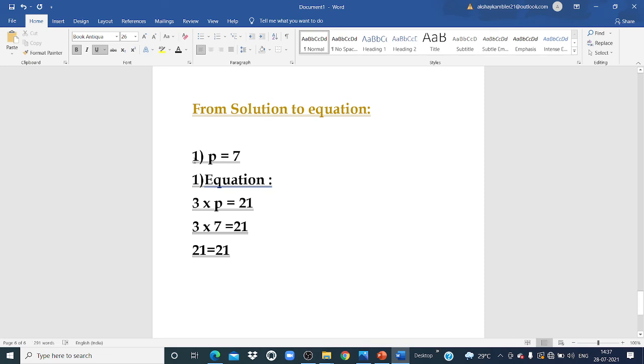This is your example 1, and this is solution 1. I can write another solution, the second equation.